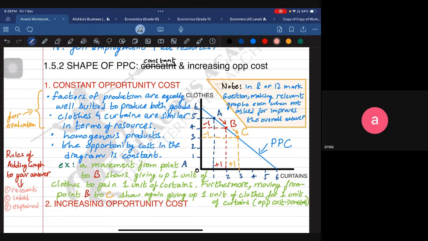Being relevant is that it's relevant to your answer. Being correct is that you are not making a wrong diagram. It must be labeled completely. And then, if you have made a graph and you have not explained it in your answer, that makes it useless.